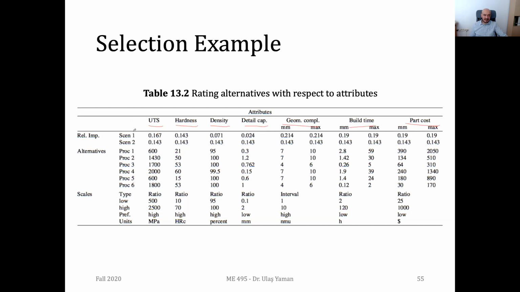We have 2 scenarios. They will decide on these 2 scenarios, and as we have discussed, we have 6 options, different metal additive manufacturing techniques. Below this table, we have some extra information regarding these properties.